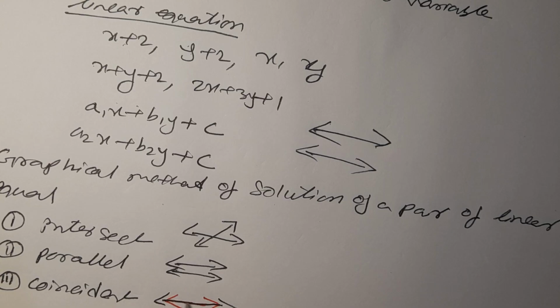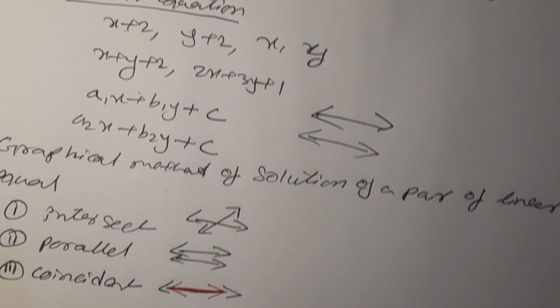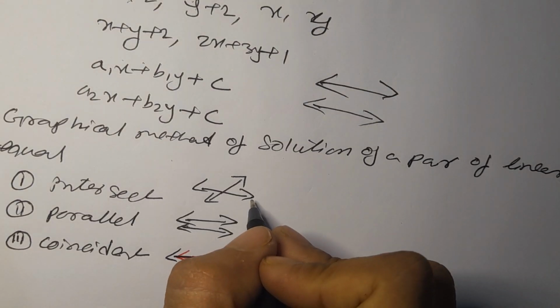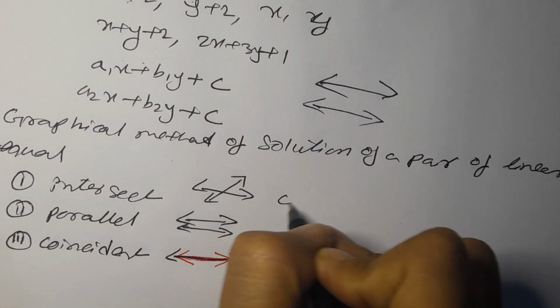This is called coincident, one above the other, collapsed. So it may give three cases: it may intersect at one point, it may be parallel, or coincident.